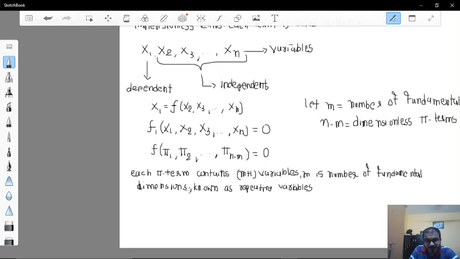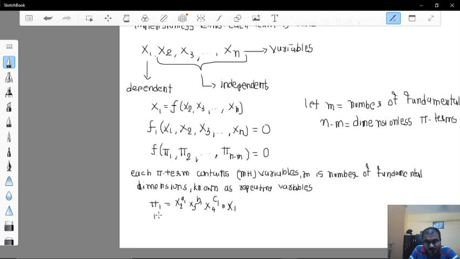So here you can write down pi 1 is equal to x2 raised to a1, x3 raised to b1, x4 raised to c1. These three are repeating variables, and here we can put non-repeating variable, that is x1.